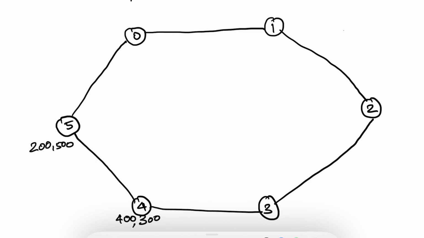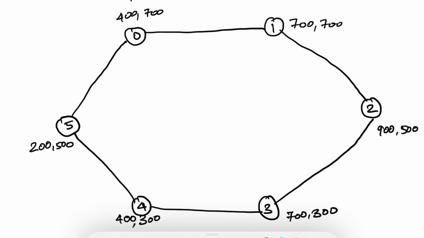This will be 700, 300, and this will be 900, 500. Then 700, 700, and finally this location will be 400, 700.